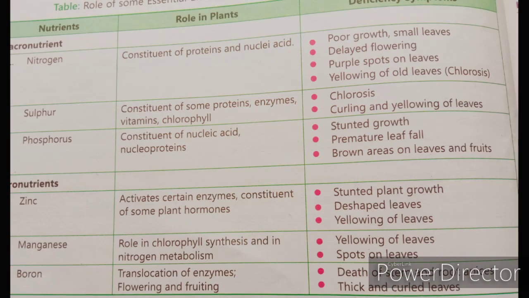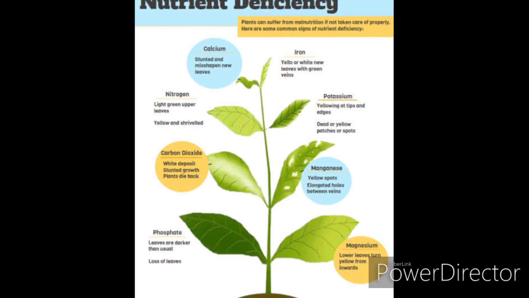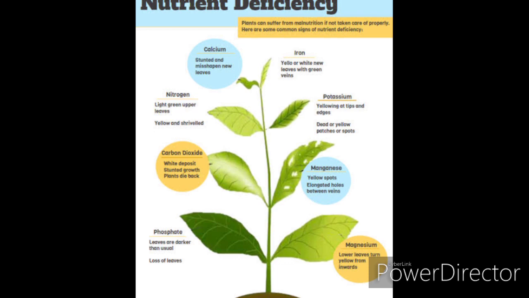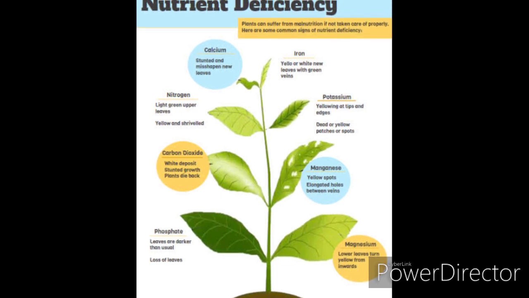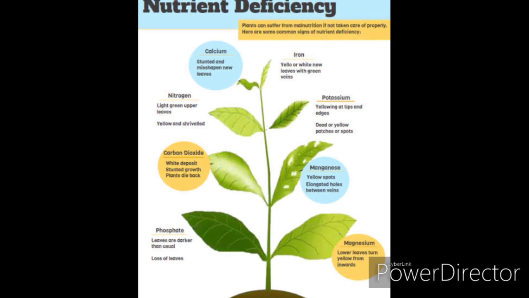Manganese has a role in chlorophyll synthesis and in nitrogen metabolism. Yellowing of leaves and spots on leaves is a deficiency symptom. Boron helps in translocation of enzymes and in flowering and fruiting. So if boron is not there, then there is death of stem and root apex and thick and curled leaves.